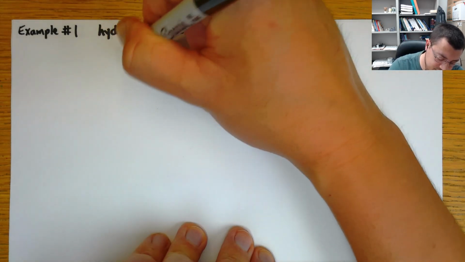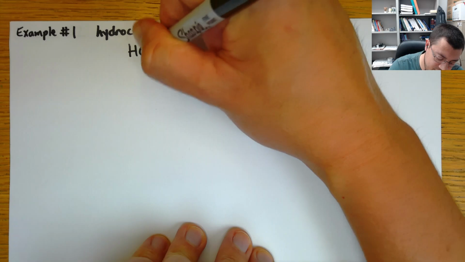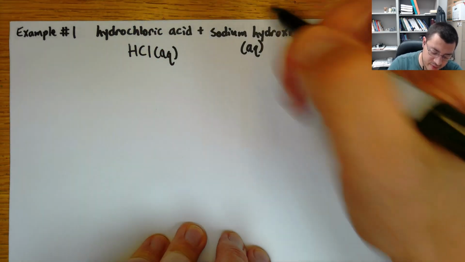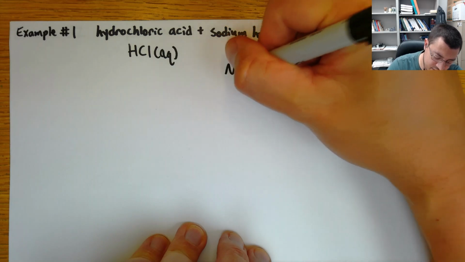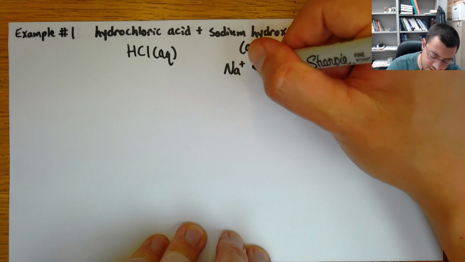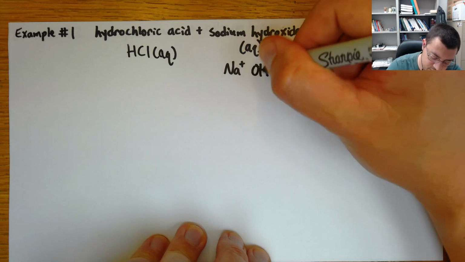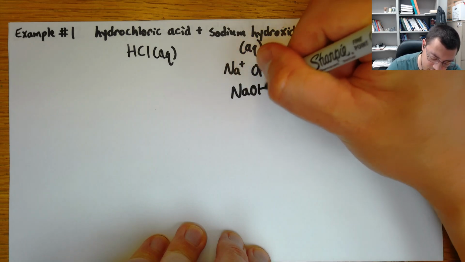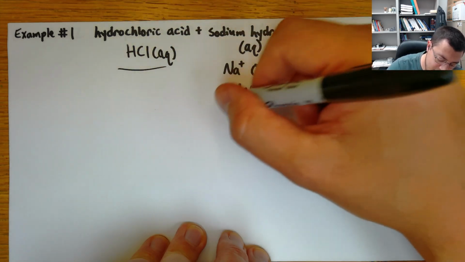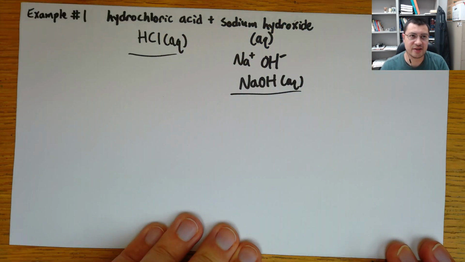That's going to be HCl. If it's an acid, that means it's dissolved in water, aqueous. Sodium hydroxide: Na+ is sodium cation, hydroxide is OH-, so we put those together: NaOH, aqueous. So this and that will be our reactants.